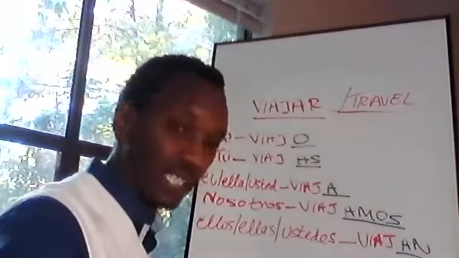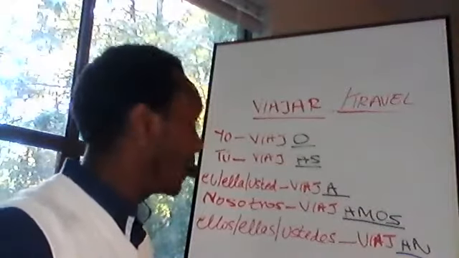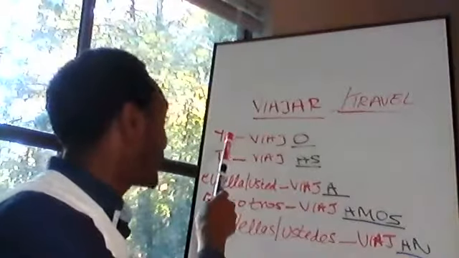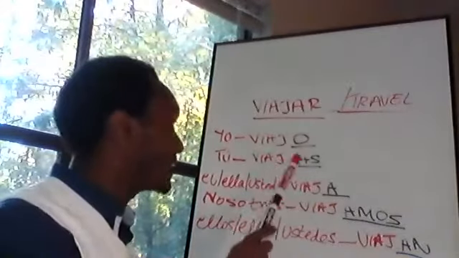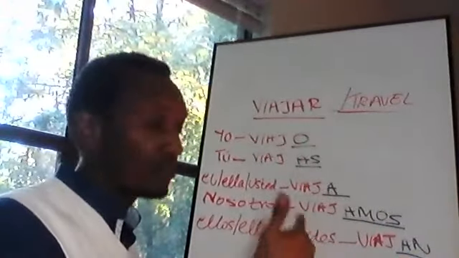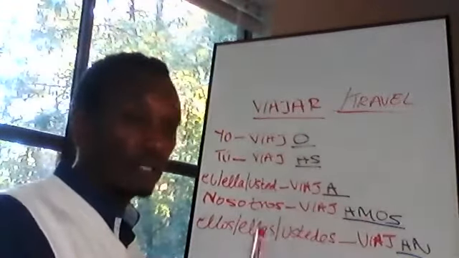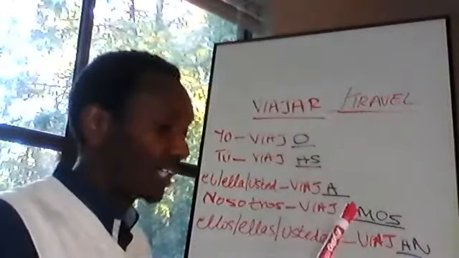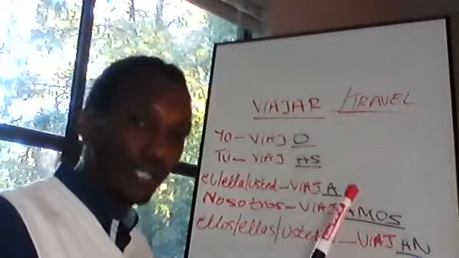And again, the difference compared to English is that every subject, first person, second person, etc., is going to have a different ending, and you can see them there. Unlike English, where if I travel, you travel, they travel, we travel, it's just the same ending.